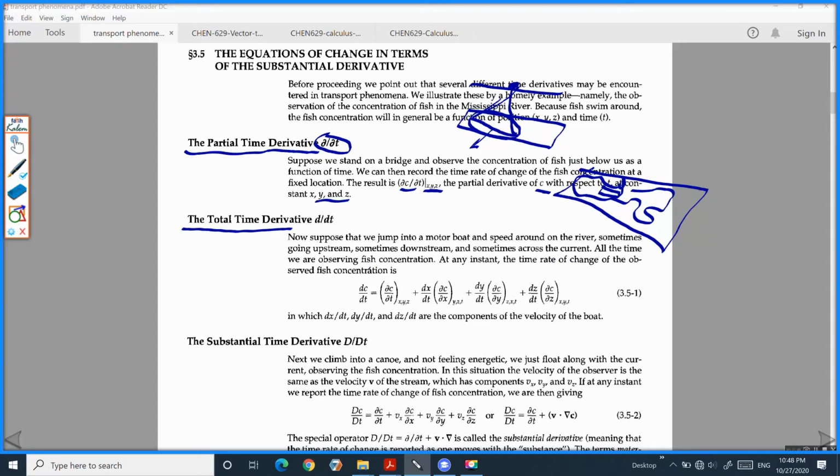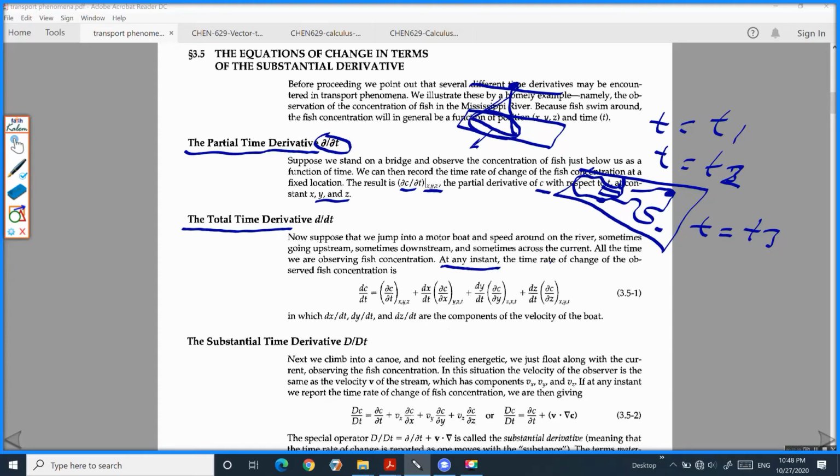All the time you observe the fish concentration at any instant with respect to time, at any time inside your river and inside the control volume. Let's say at time t1 you are here, at time t2 you are here, at time t3 you are here, and so on.